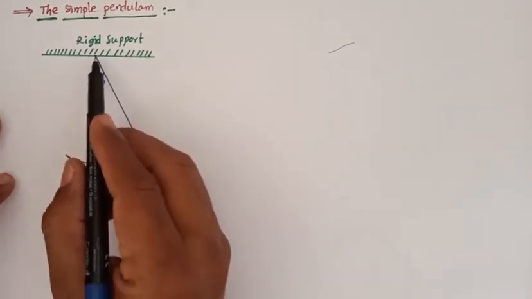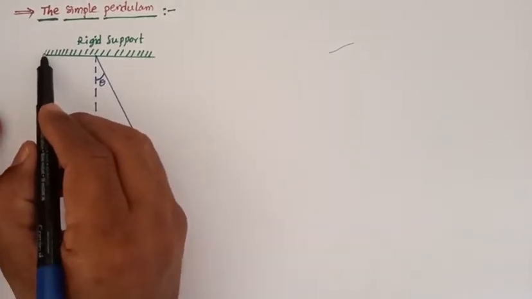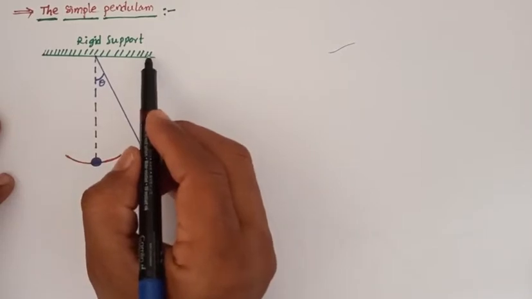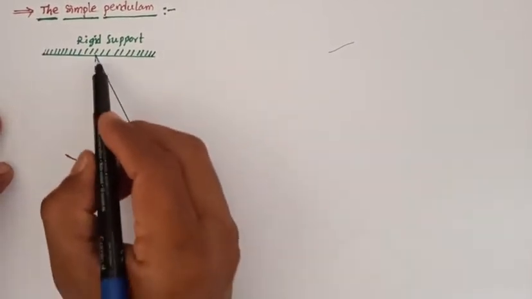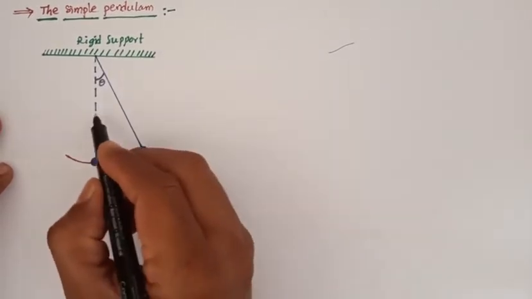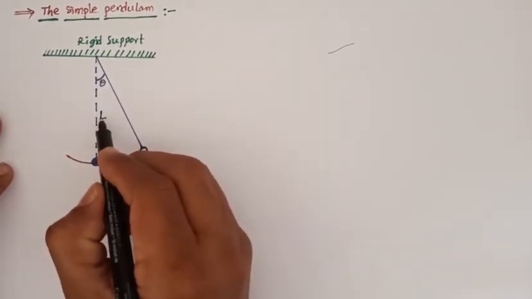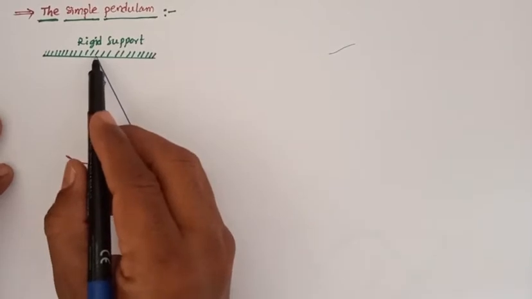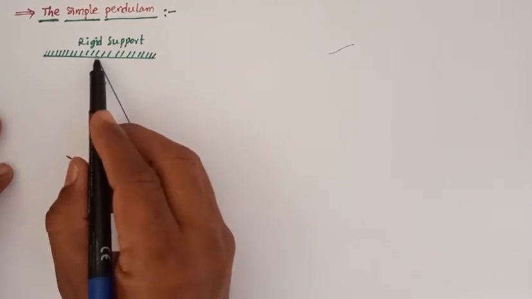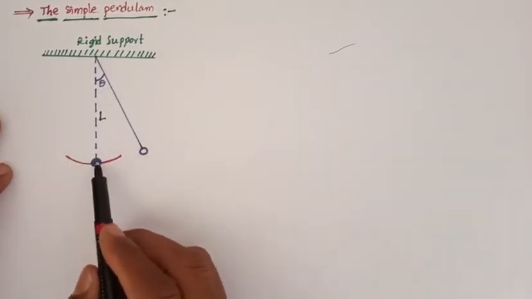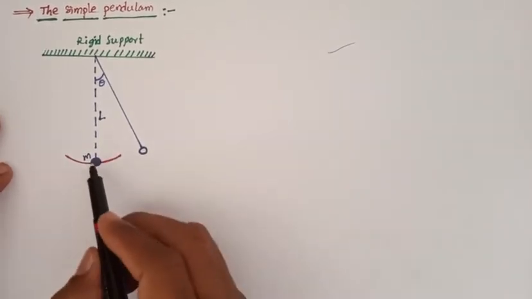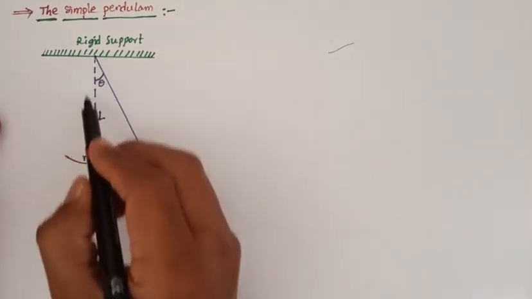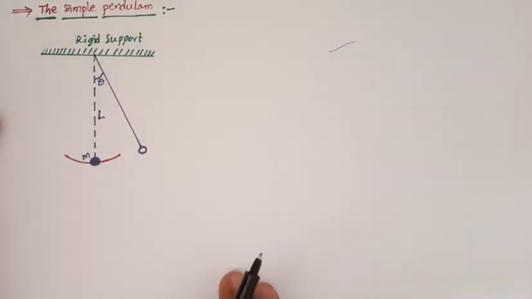We can take a rigid support, and one end of a string of a given length is connected to the rigid support, and the other end is connected to a metal bob of mass m. So it is called the simple pendulum.